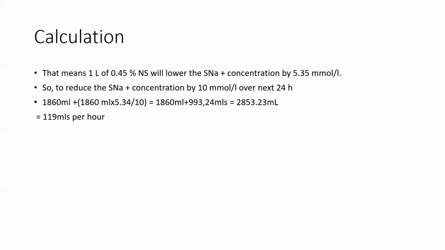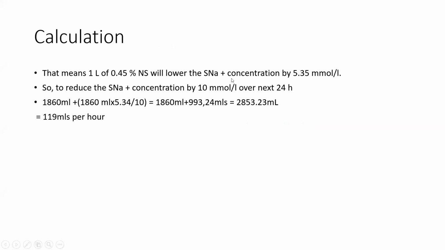So now, for example, 1 liter of 0.45% saline will lower sodium concentration by 5.35 millimoles per liter.